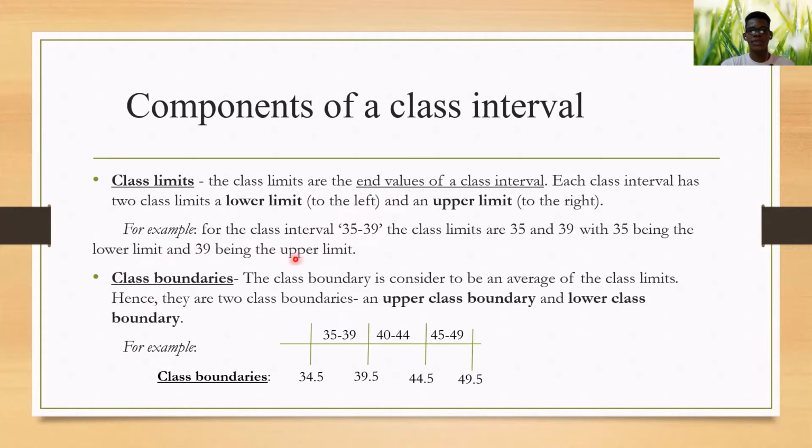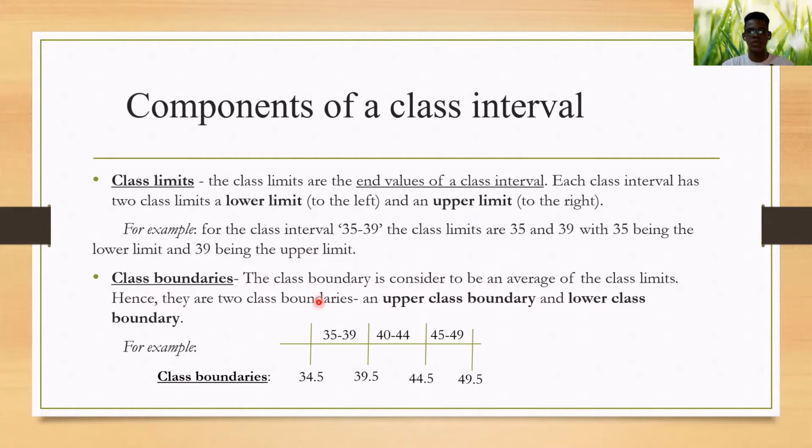Class boundaries: the class boundary is considered to be the average of the class limits. I'll explain what that means just now, but this is what the textbook says. Like with class limits, there are two class boundaries, an upper class boundary and a lower class boundary.